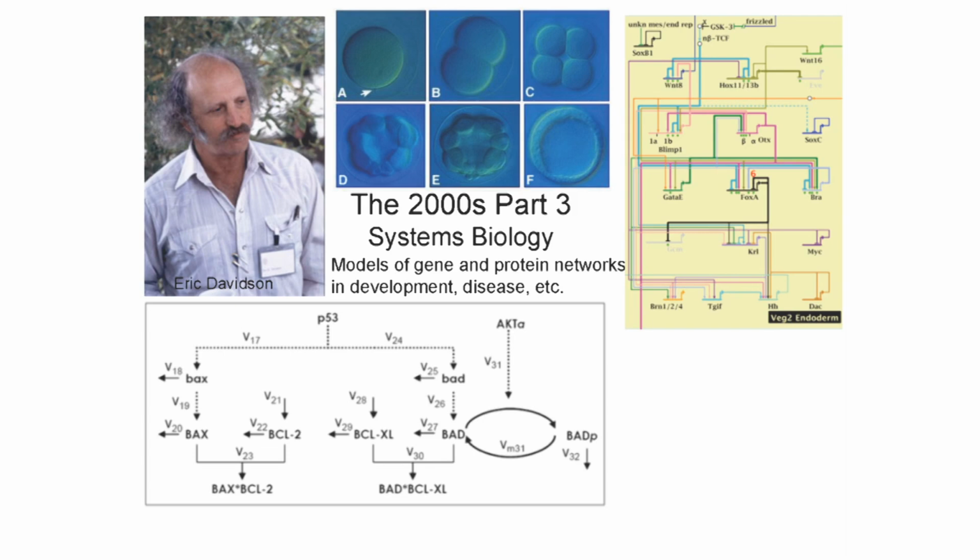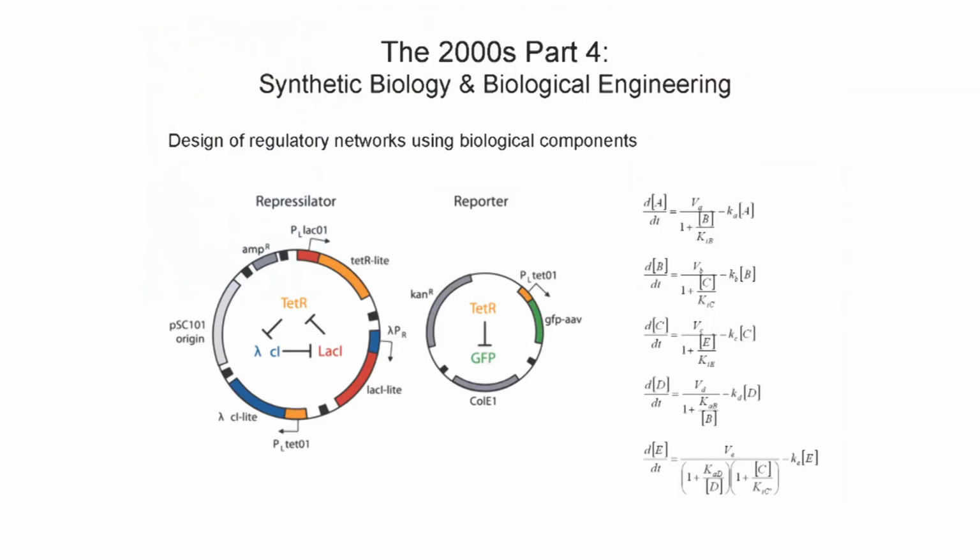Okay. At the same time, a new field of synthetic biology was born with the development of some of the first completely artificial gene networks that would program cells to perform desired behavior.